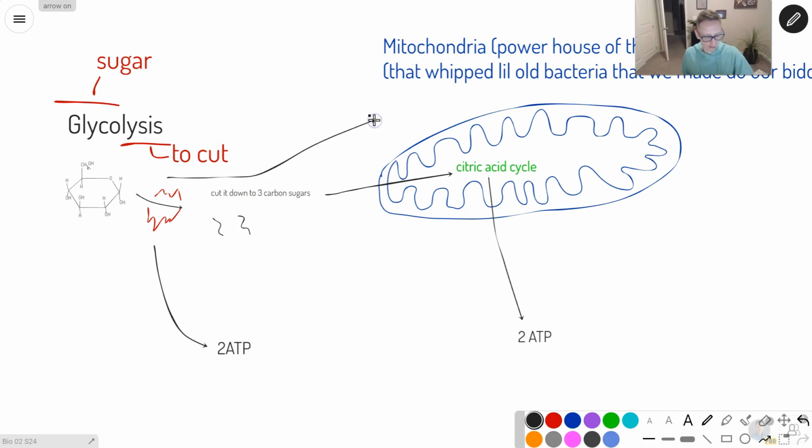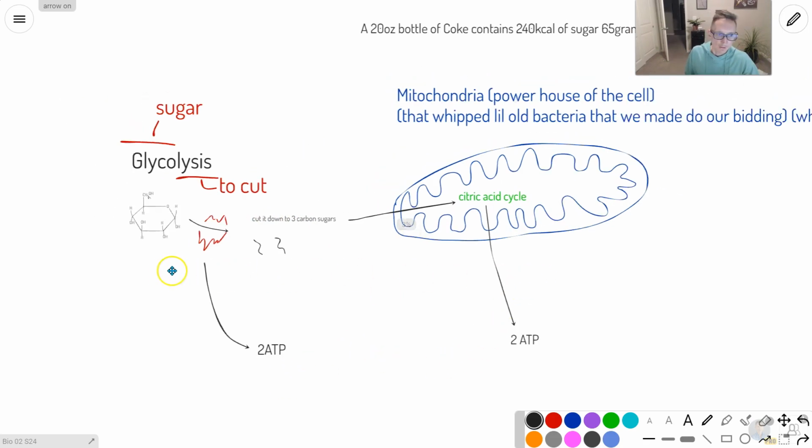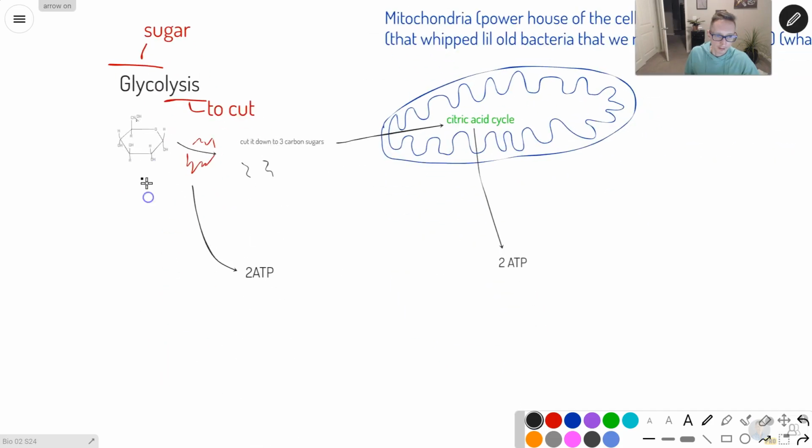From glycolysis, we also get electron carriers. And from here we also get electron carriers, but they stay in there, but I'm going to draw this stuff coming out of here.